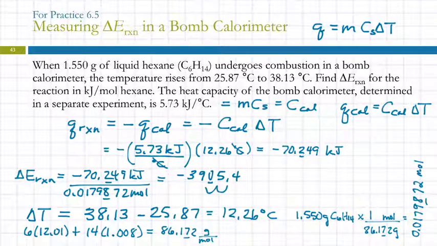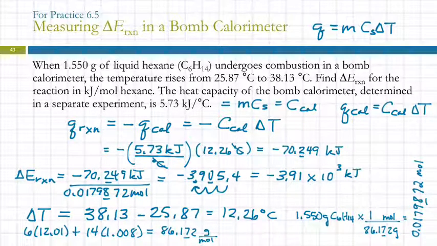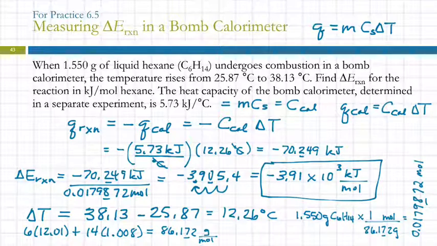We're going to move the decimal point over here 3 places, and then we don't have to worry about putting in placeholder zeros. 3.91 times 10 to the 3rd kilojoules per mole. I would rather have the wrong number of significant figures than the correct number rounded incorrectly. You round it and change the number, it's really bad.